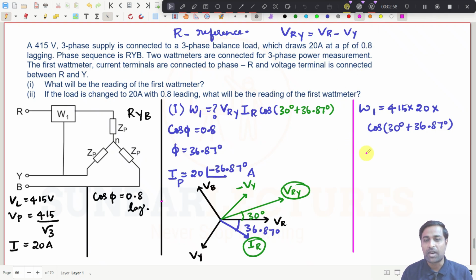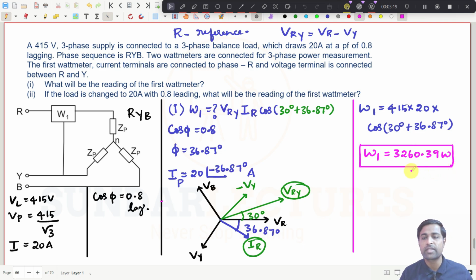If I simplify this, I am getting W1 is equal to 3260.39 watts. This is the wattmeter number 1 reading.